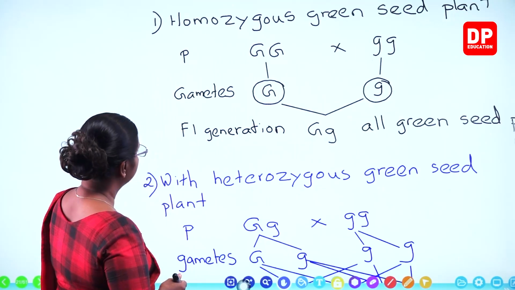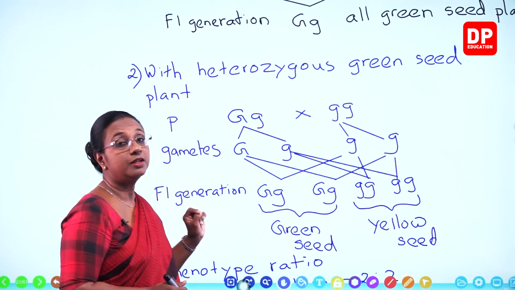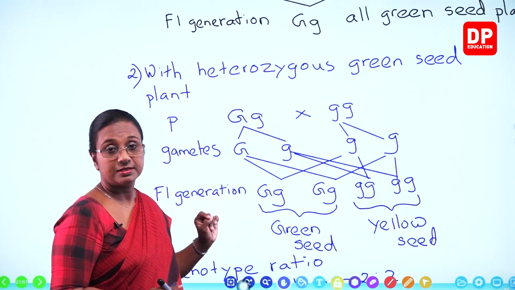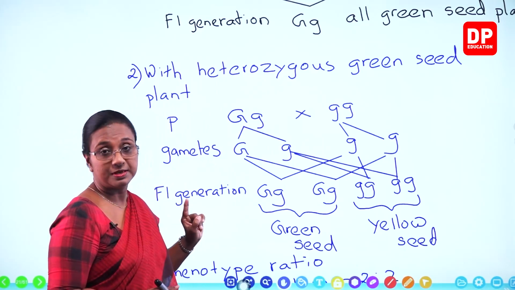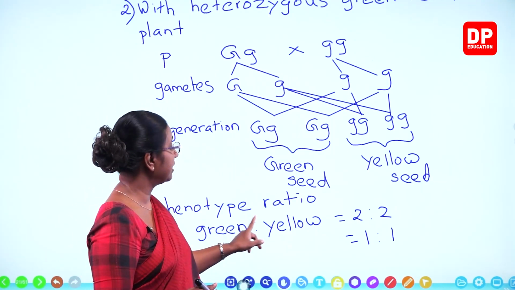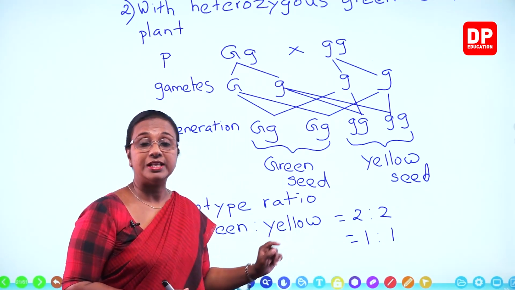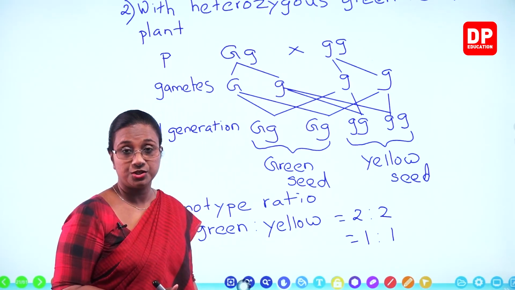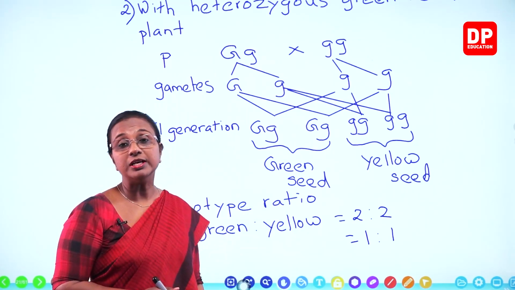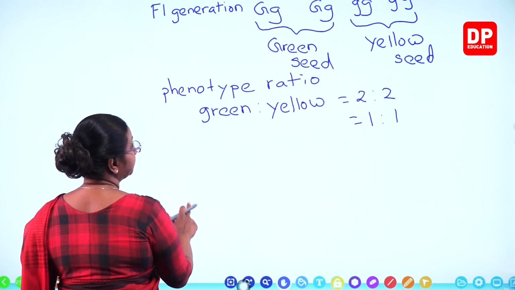But if the green color plant is a heterozygous plant, capital G, simple G, then of course you will get both green color seed and yellow color seed plants. And that also in the 1 is to 1 ratio. So then we have to do the experiment.